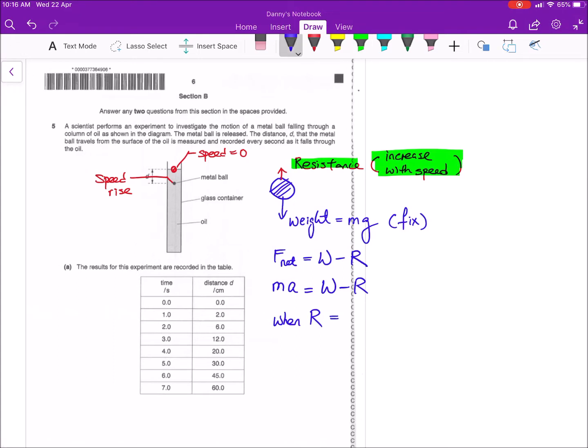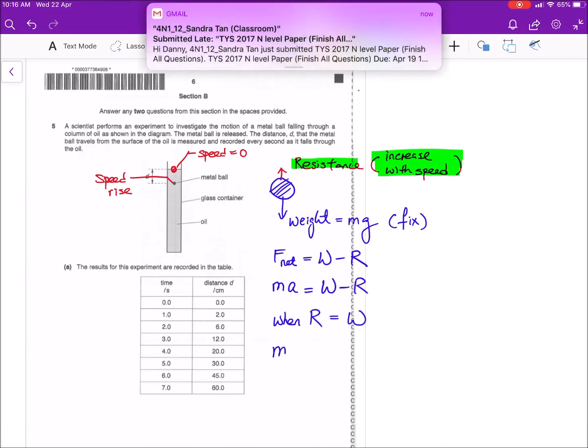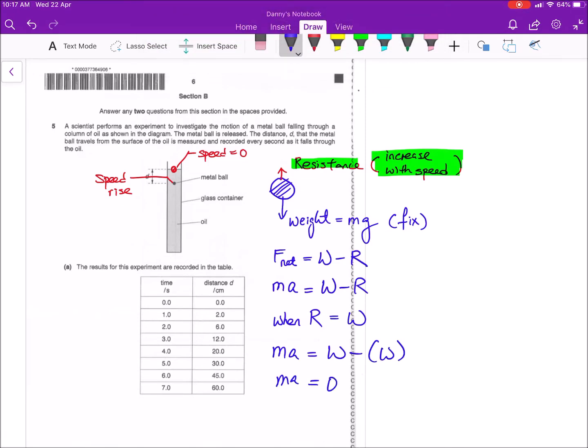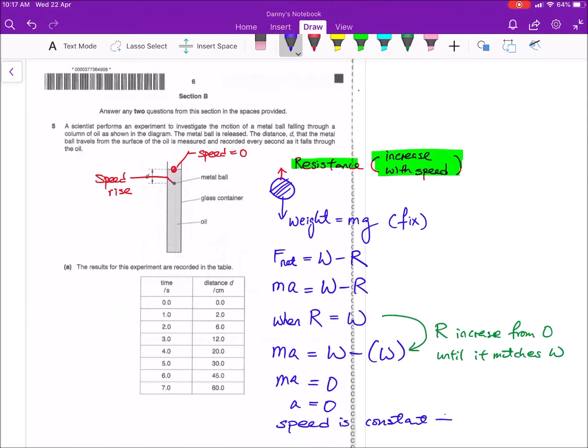So when your R equals W, then your expression will become this. And you will see that your ma will become 0. So this happens when your R increases from 0 until it matches the weight. So when this happens, you will see that the acceleration becomes 0 and your metal ball will move at a constant speed. And this is what we call the terminal velocity.